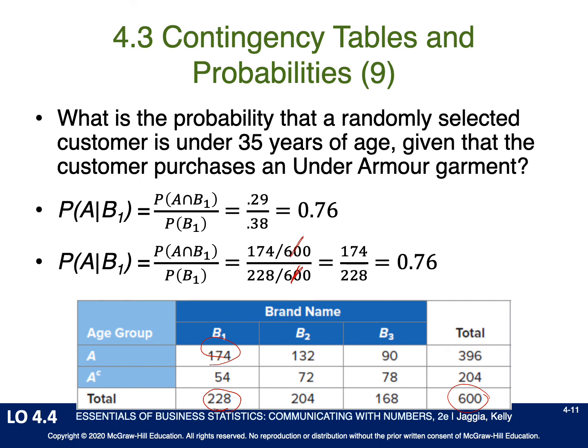So we end up just asking ourselves, what is 174, the intersection of A and B, divided by B, 228? We still get 0.76. So when we have this contingency table here, really all we're saying is what is the probability that they're going to fall into this cell if they're in this column, which is just 174 divided by 228, or 0.76.